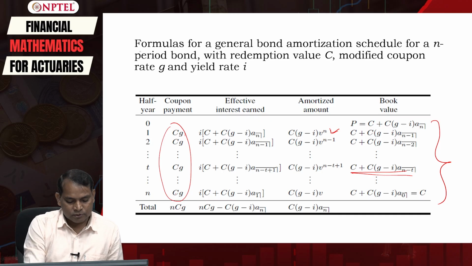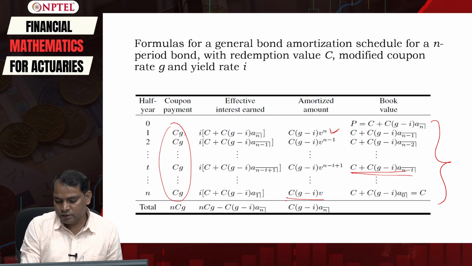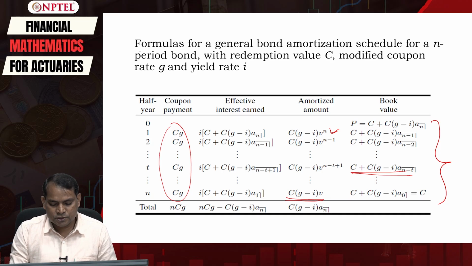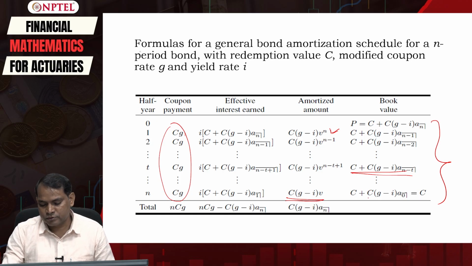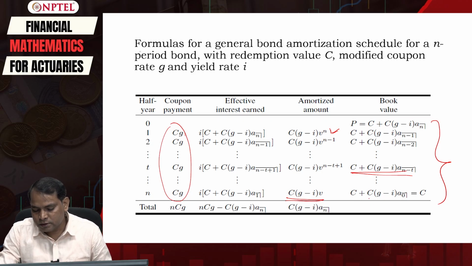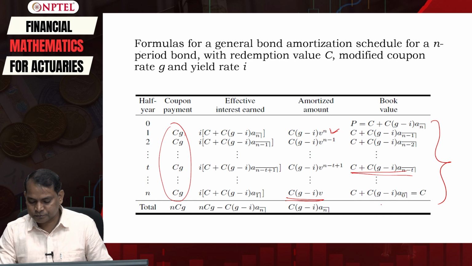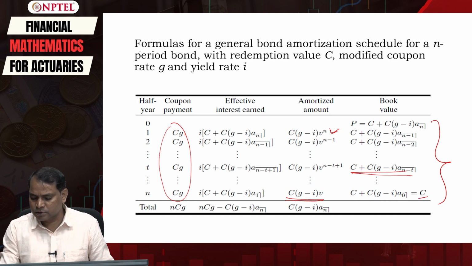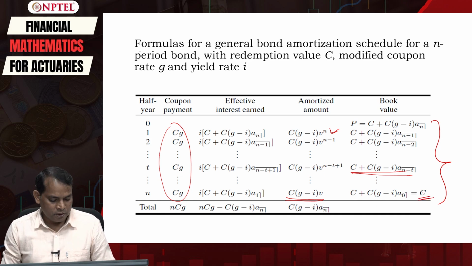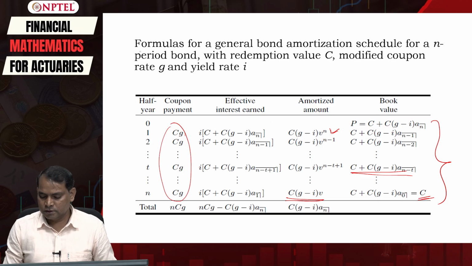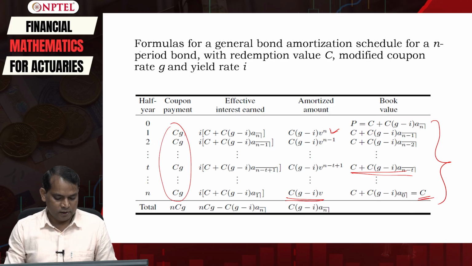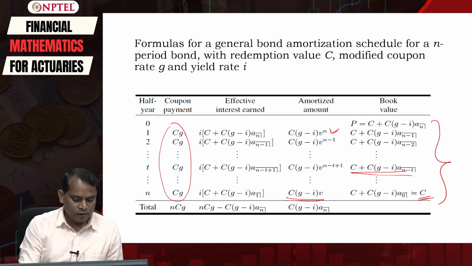This minus this will give you only this one, that is C times (G minus I times v), which compared with the previous one simply gives us the redemption amount or the face value.